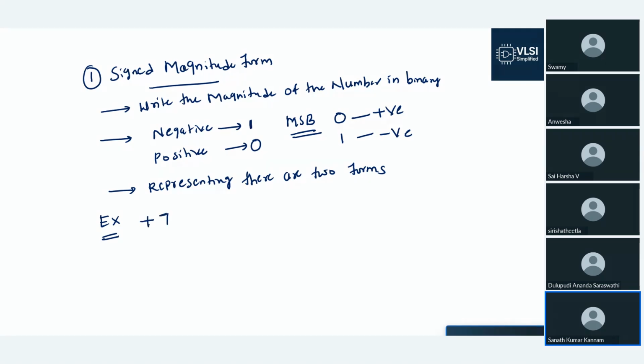Suppose, for example, let us take +7. If it is in binary, how is it represented? 111, three 1's, is nothing but +7.